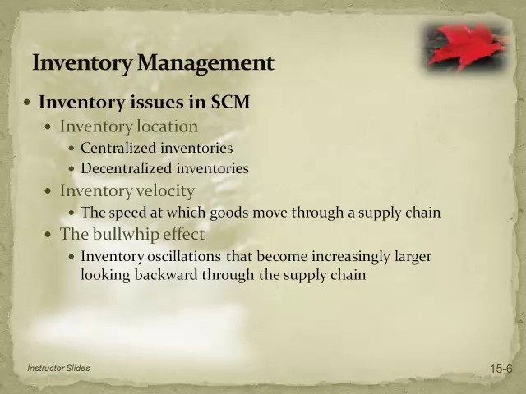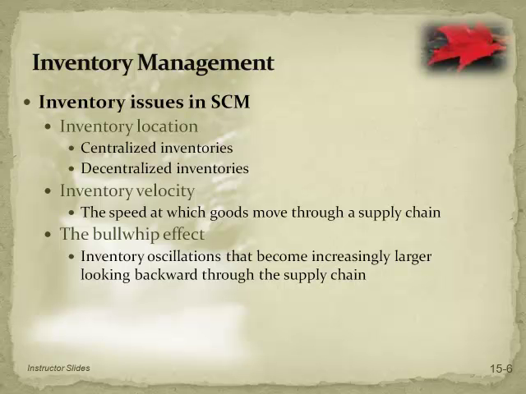Inventory management is critical in supply chains. One of the things that we have learned in supply chain management over the last 25 years is that there is always lots of inventory in the supply chain, but it always seems that the inventory is never quite in the correct location that it needs to be.